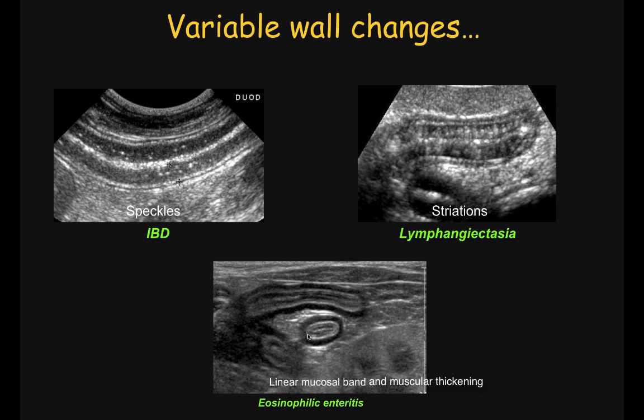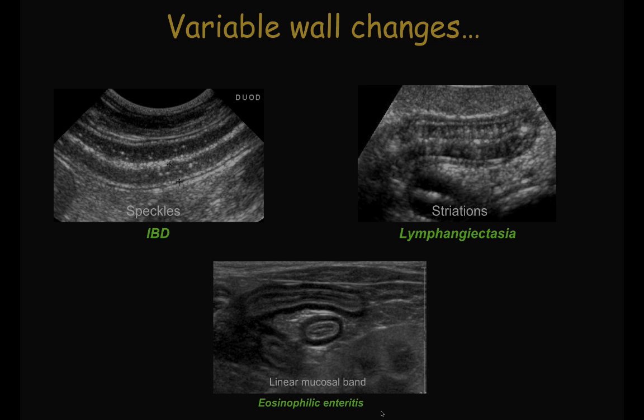Histopathologically, in some instances, this band is actually shown to represent mucosal fibrosis. In this specific cat, the diagnosis was eosinophilic enteritis. All these features are not pathognomonic of any specific disorder, but can be seen in combination with several other changes that affect the bowel and usually will indicate some degree of inflammation.